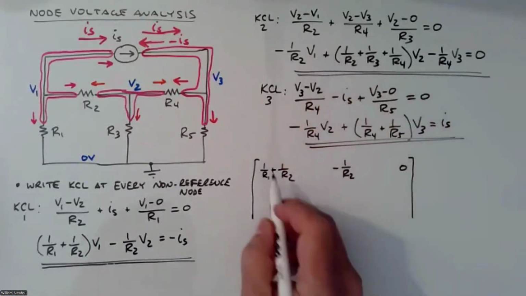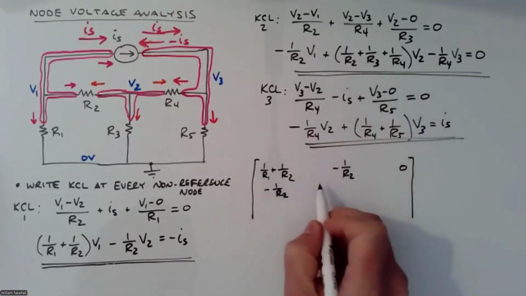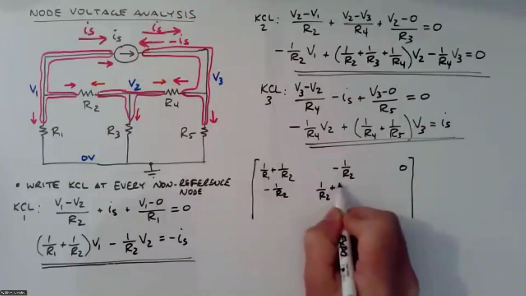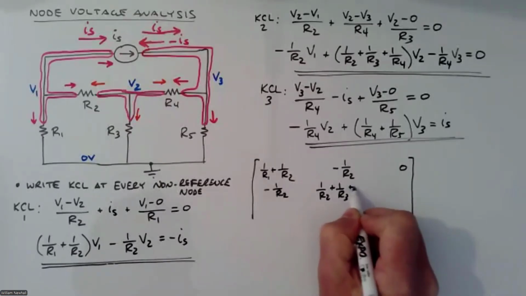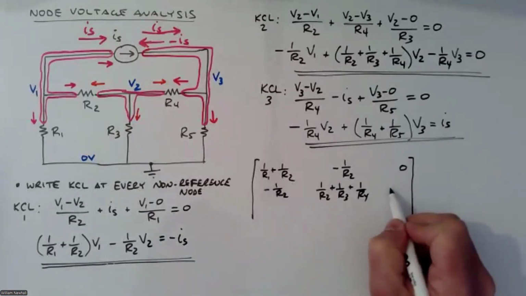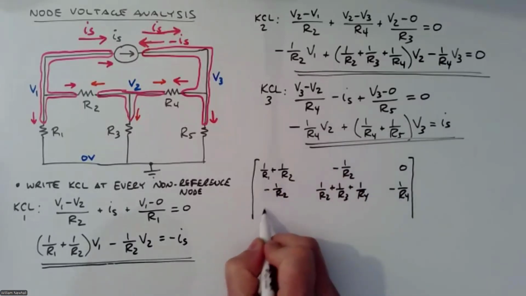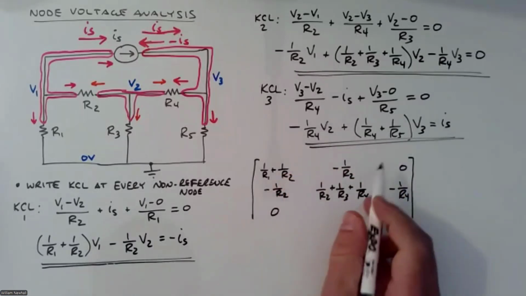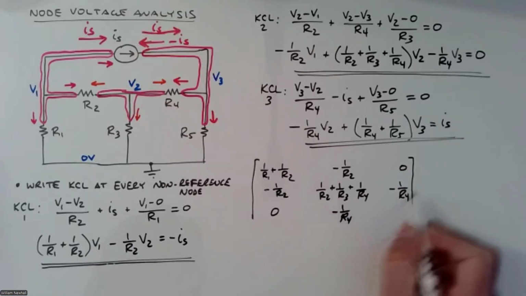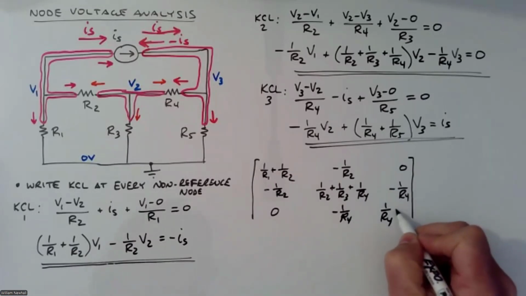This equation, so the coefficient of V1 minus 1 over R2, this is 1 over R2 plus 1 over R3 plus 1 over R4, negative 1 over R4. And finally, 0, minus 1 over R4, 1 over R4 plus 1 over R5.